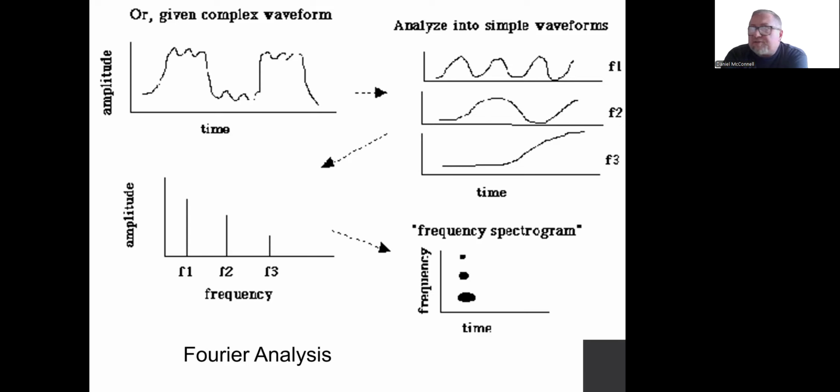We can capture that also in what's known as a spectrogram. So in the bottom right, we're going to put time back on the x-axis, but put frequency on the y-axis here, and we're going to use the thickness or heaviness of our line graph, really, in a way, or scatter plot, maybe, to capture the amplitude.